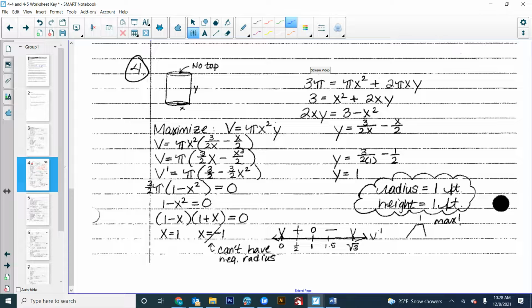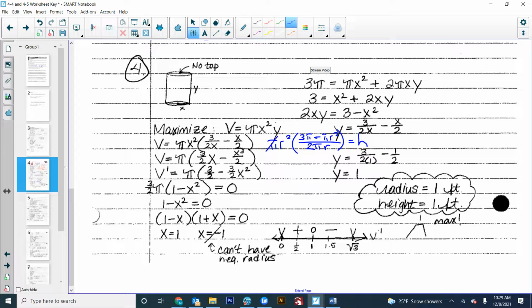If we would have had pi r squared times 3 pi minus pi r squared over 2 pi r, I believe, equals h.